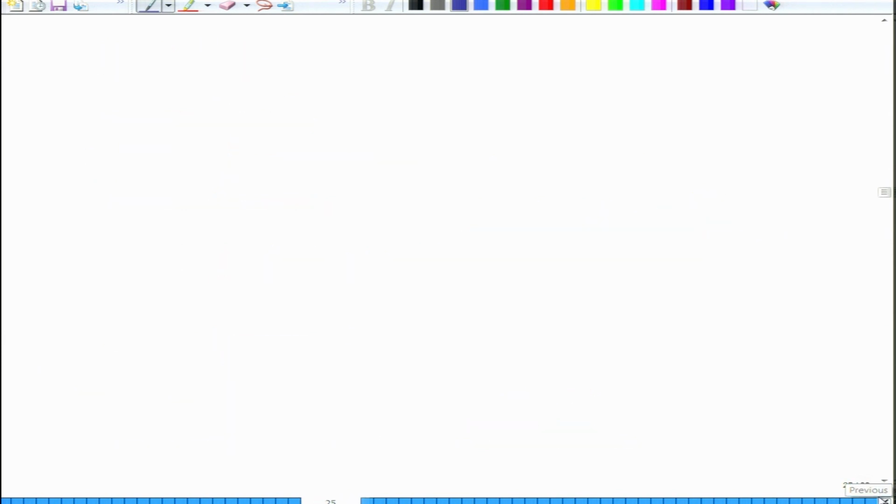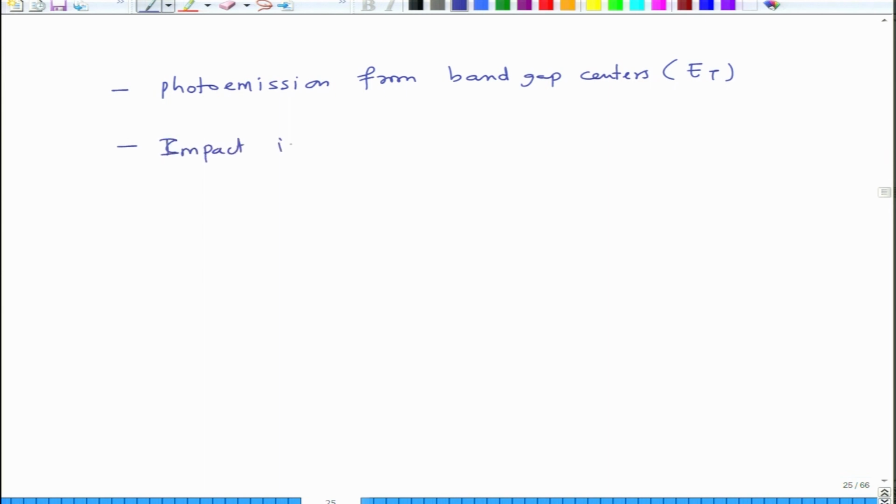The other modes are photo emission from band gap centers, such as traps, energy levels, and then you can have carrier impact ionization assisted carrier generation.